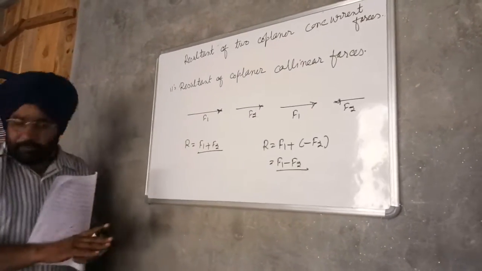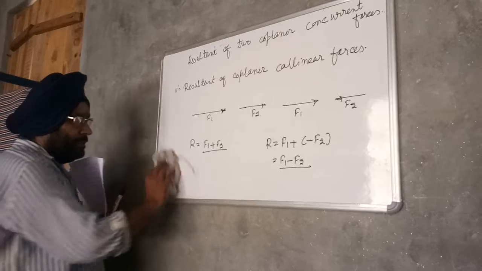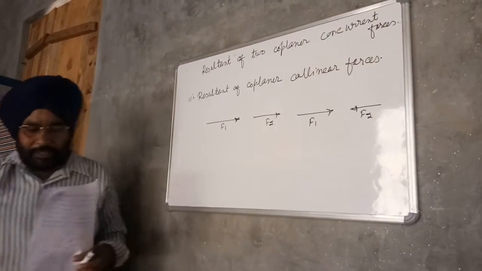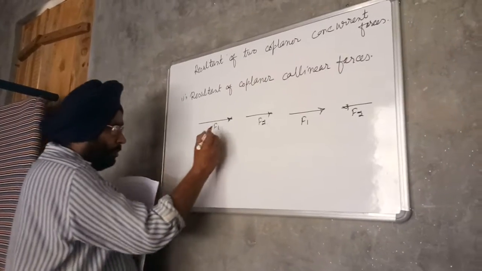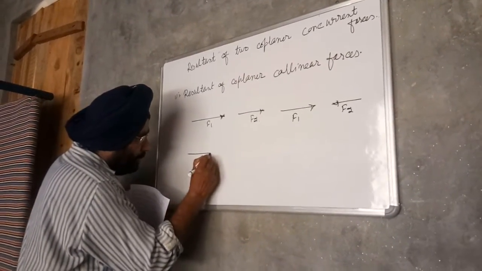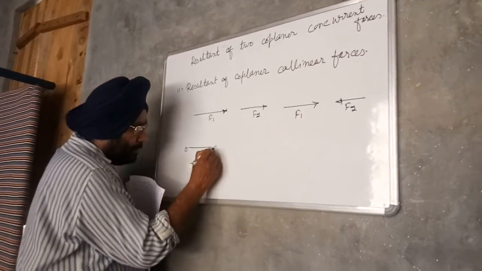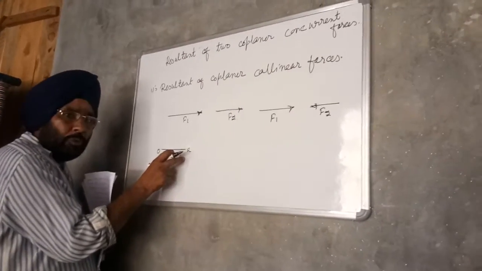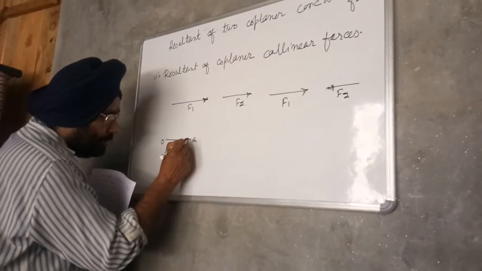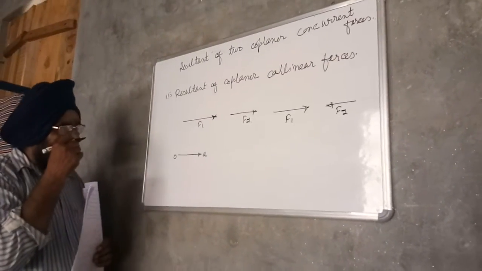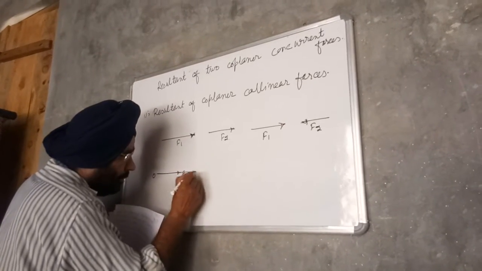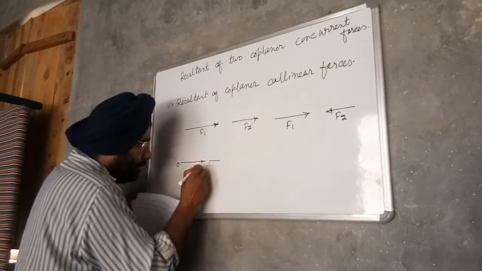And graphically, to find the resultant of these two forces F1 and F2, force F1 is represented by the vector OA. The length of the vector OA gives the magnitude of the force and the arrowhead gives the direction of the force. And the second force F2 is represented by the vector AB.